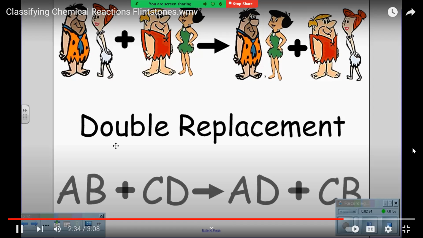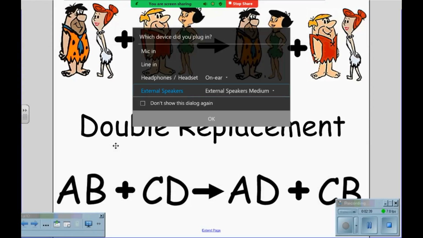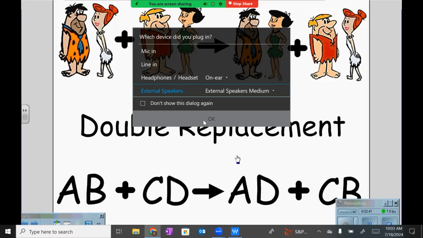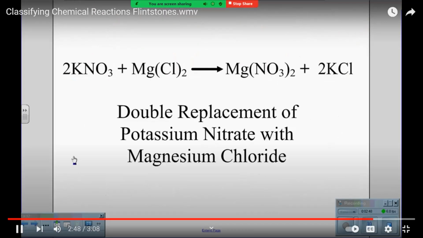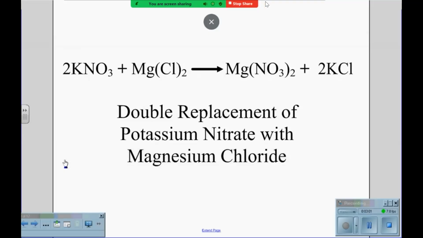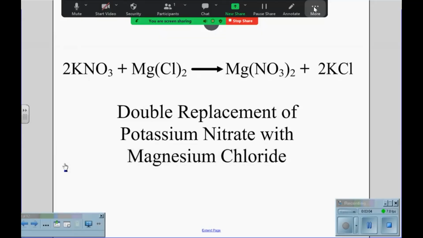AB compound breaks down along with CD compound, which breaks down to form compounds AD plus CB. An example of this would be a double replacement reaction where potassium nitrate combines with magnesium chloride, and ends up being magnesium nitrate plus potassium chloride. This is classification of chemical reactions, and thank you to the Flintstones.